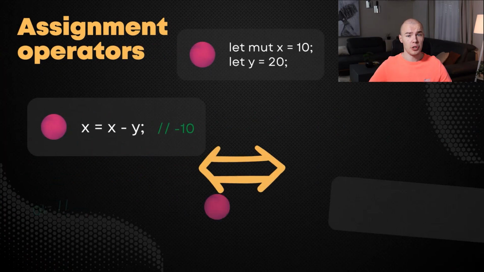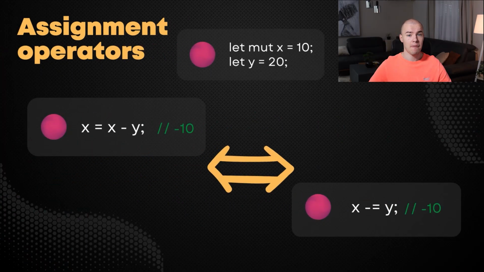Have that in mind. Of course, these exact same rules apply to the minus operator. So we are going to be using the same variables, so same values. Just instead of the plus operator, we are going to use the minus operator. So in this scenario, we will get x is equal to x minus y, and we will get minus 10 as a result, because 10 minus 20 is minus 10.